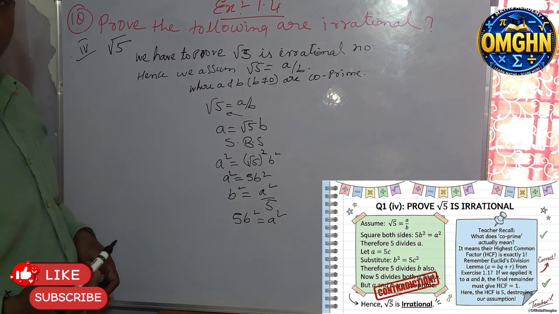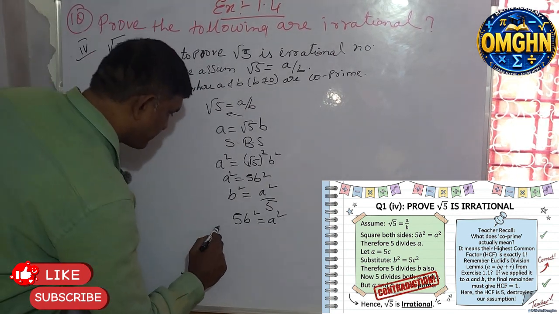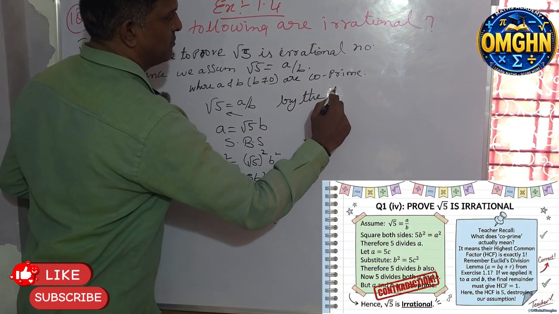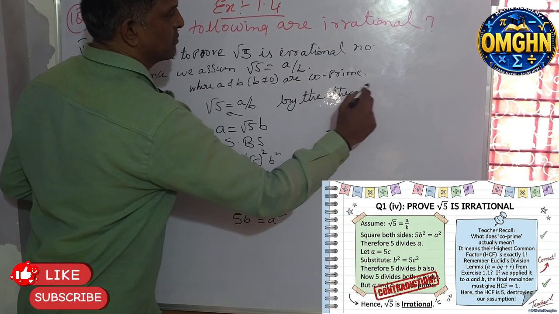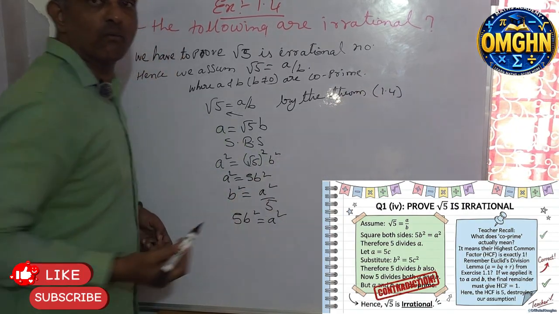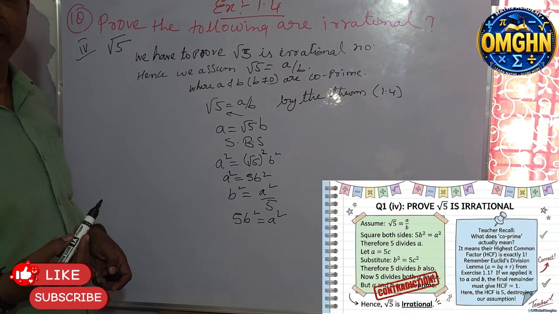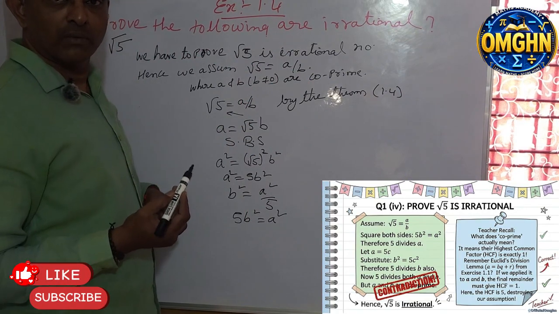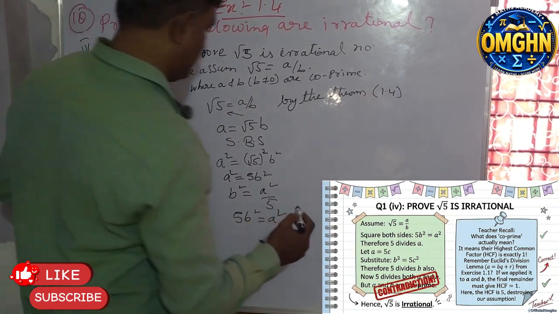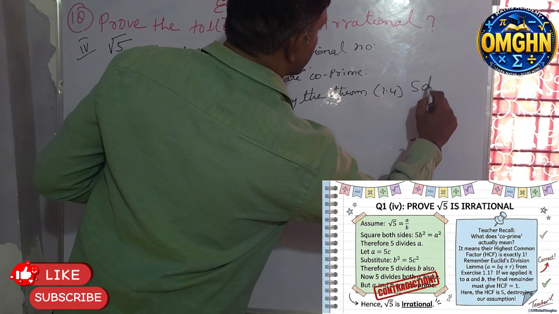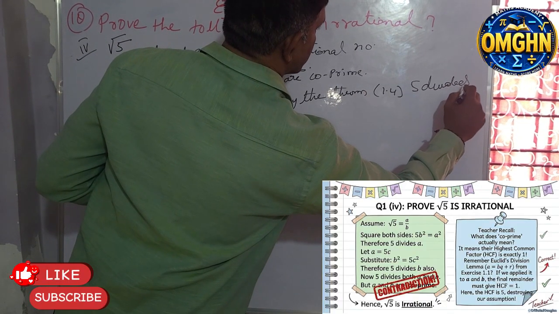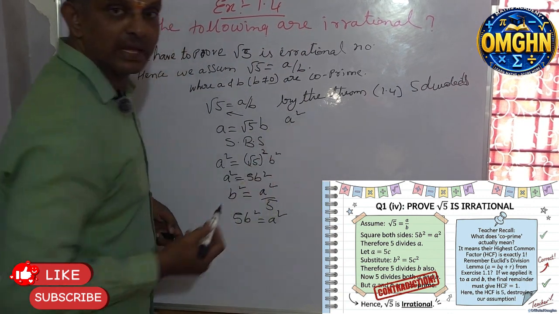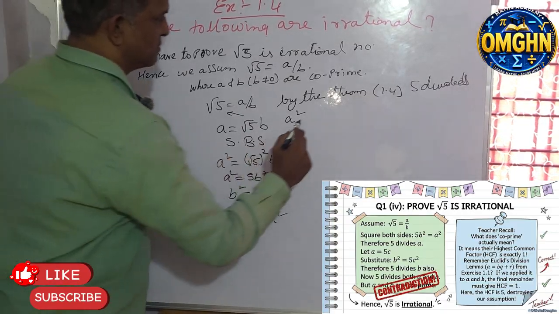By the theorem 1.4, 5 divides a square. Hence 5 divides a.